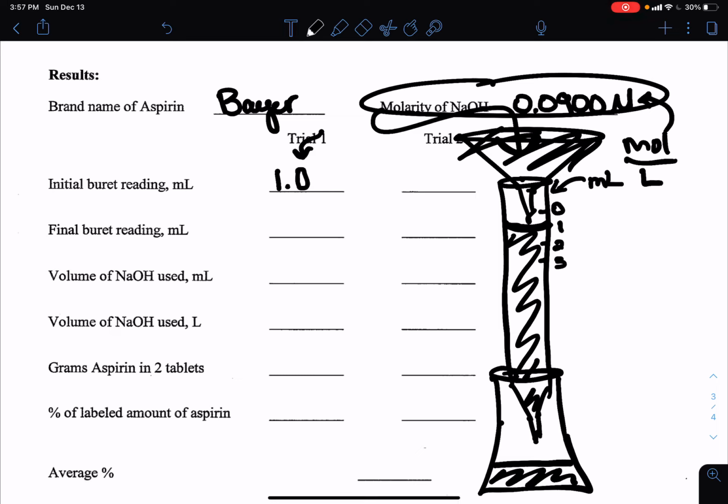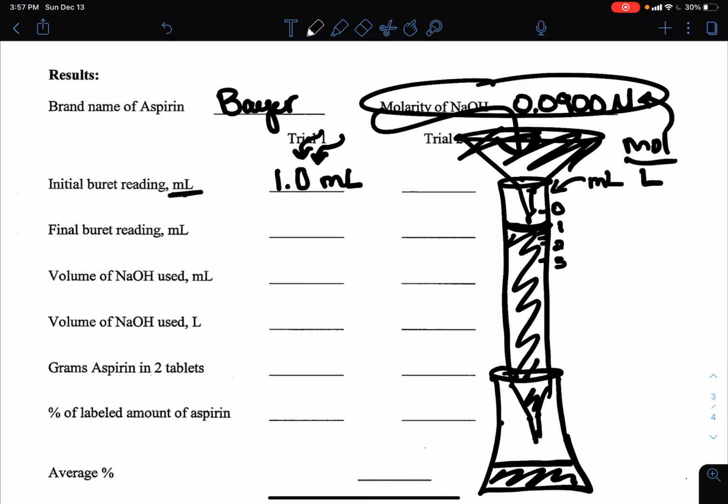If you have a burette that has little lines in between 1 and 2 and between 2 and 3, etc., then you would have another digit there. So make sure you're reading your burette and writing down the correct number of significant digits. Remember, you always have to make a guess. You can write milliliters right here, but it's already there, so we can move on.